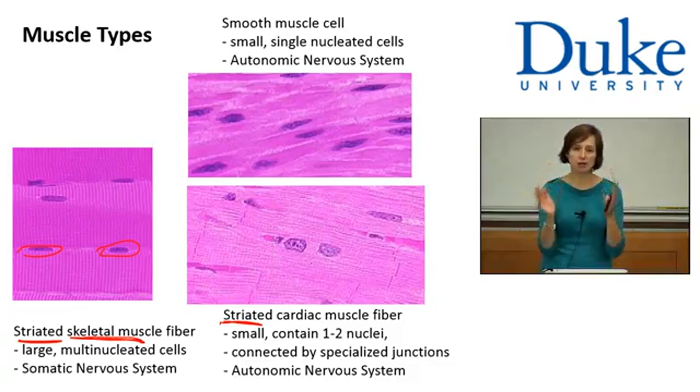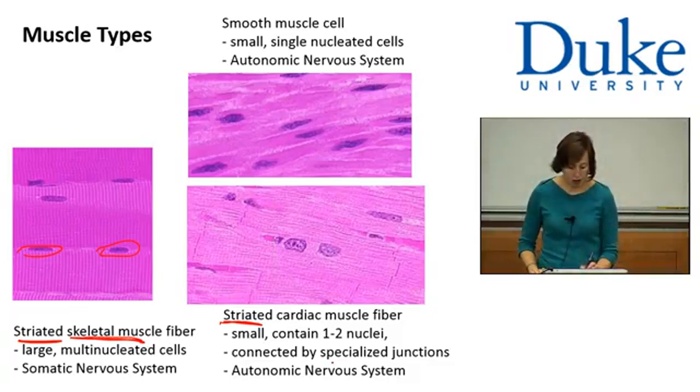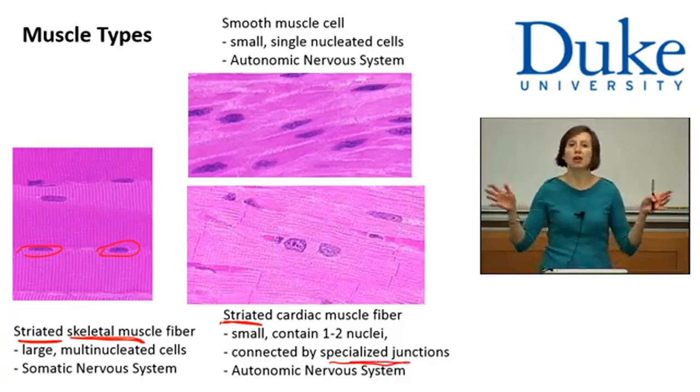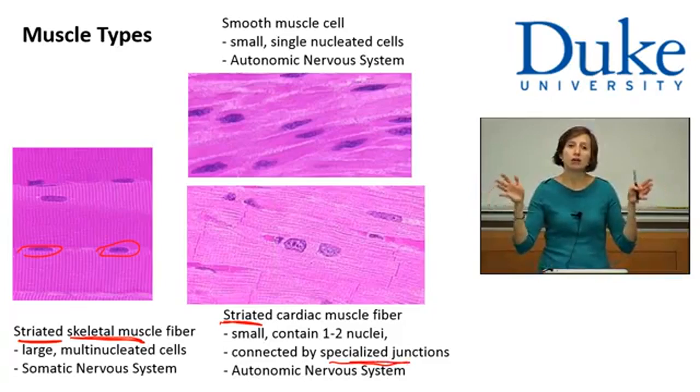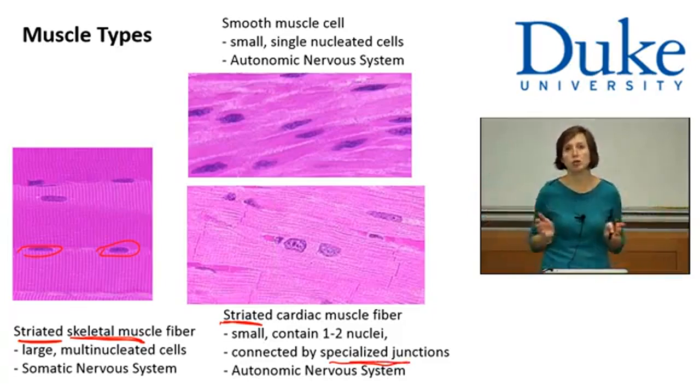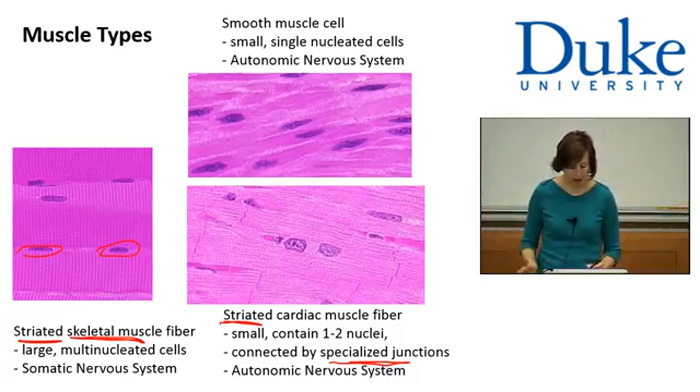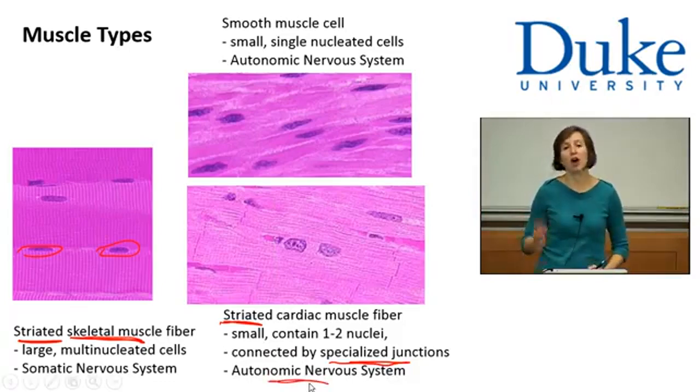However, they're going to have specialized junctions between the cells that are going to allow the cardiac myocytes to contract as a functional unit so that the whole heart will contract essentially. And so she'll be telling you much more about that. And their function is going to be modulated by the autonomic nervous system.